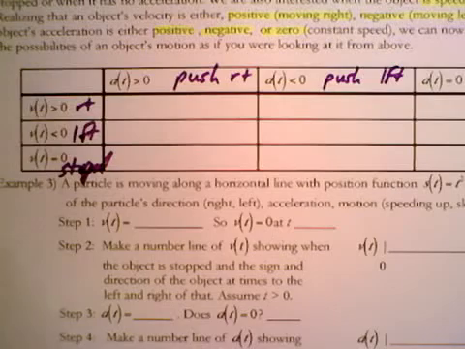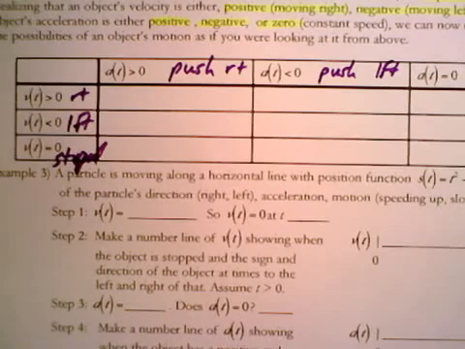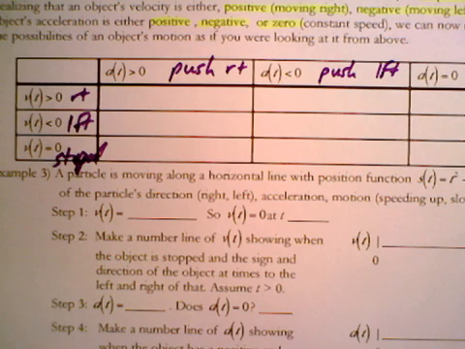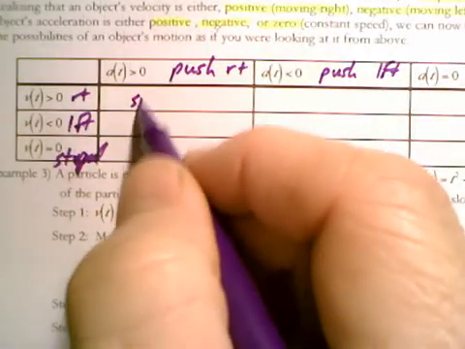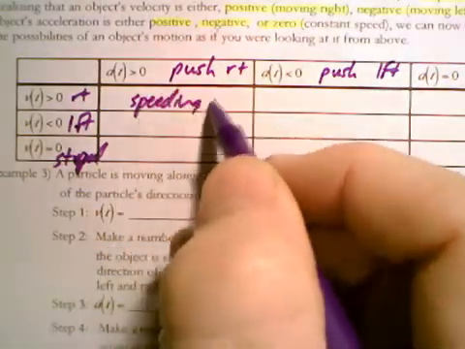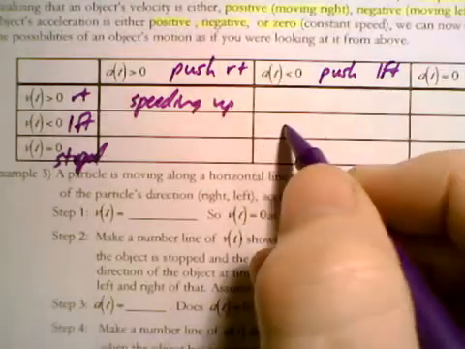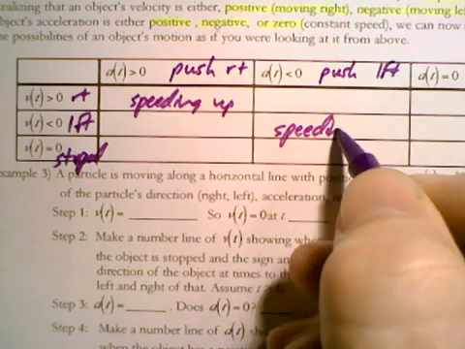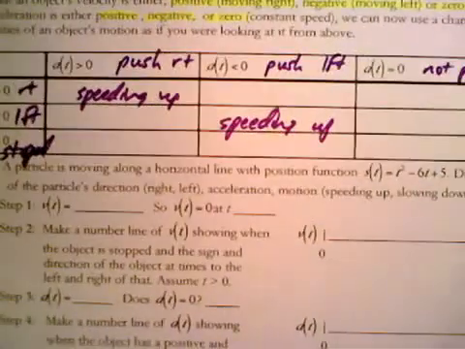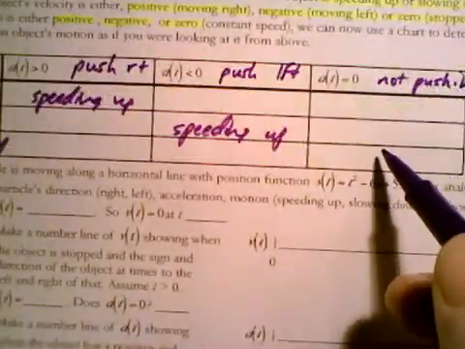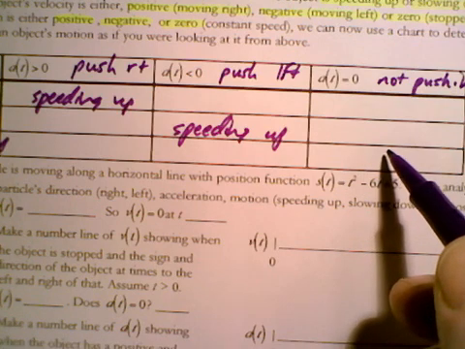Again, velocity is how you move, acceleration is how you push. If the pushing and moving are going in the same direction, then we're speeding up. Pushing and moving in the same direction, we're speeding up. Not pushing at all, you can't be speeding up.